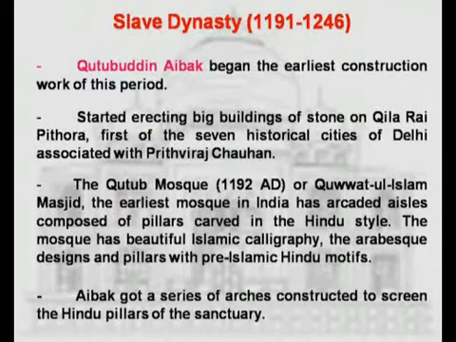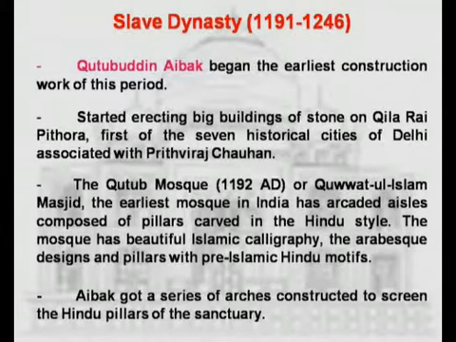Of course, you all know that the first ruler of slave dynasty was Qutubuddin Aibak, and he started erecting monumental buildings of stone on Kila Rai Pithora, the first of the 7 historical cities of Delhi associated with Prithviraj Chauhan.